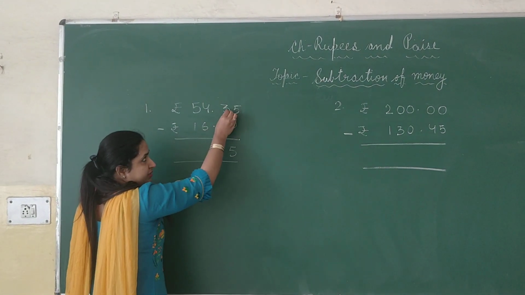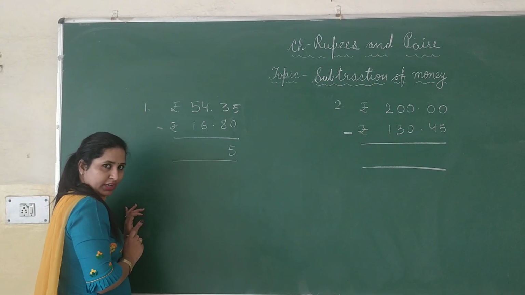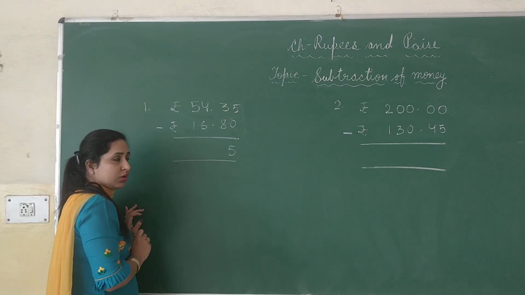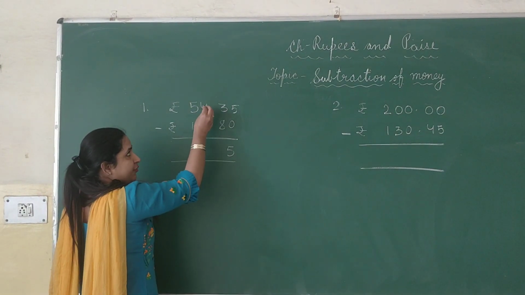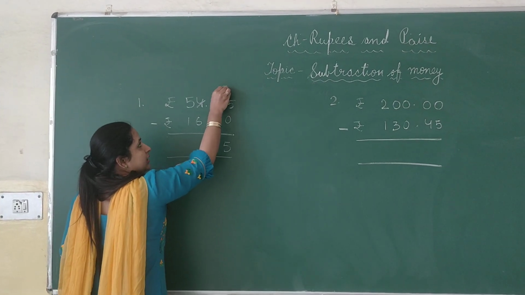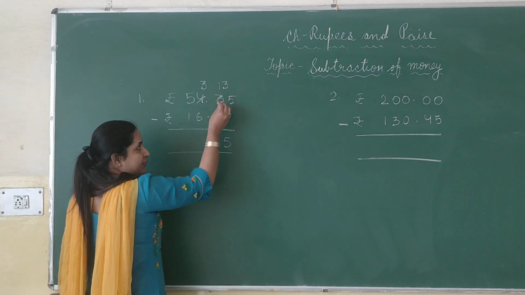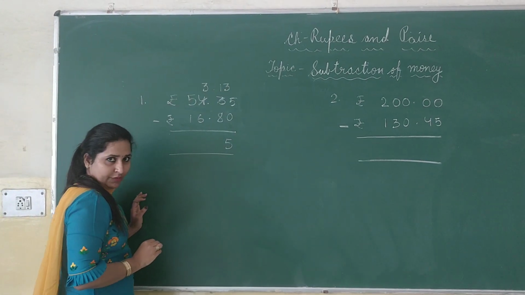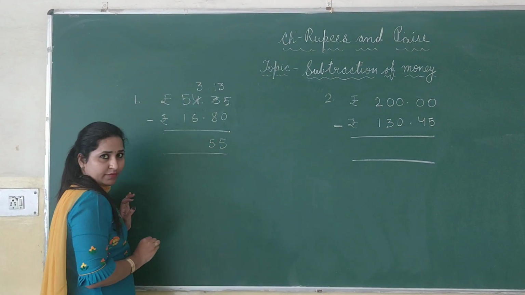Then the next digit is 3 and here it is 8. How to subtract 8 from 3? For that we need to take a borrow. This 3 will take a borrow from the left hand side. It is 4. This will give a borrow to 3. So 3 will become 13 and this 4 will become 3. Now you can subtract 8 from 13. When you count, you will get the answer as 5. 13 minus 8 is 5.